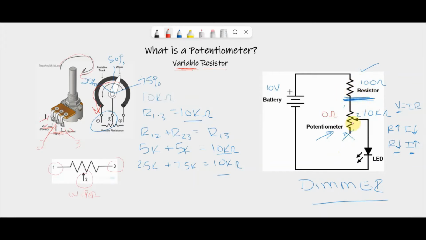If we don't have this resistor in here, and there's no resistance in the potentiometer, then we have no limiting resistance in our circuit at all, which means we could damage or burn out this LED. Instead, we put this 100 ohm in there just in case this goes down to 0. We still have protected our LED. Now, it may not protect it very long, it's only 100 ohm, but at least we have it there until we turn the knob back and get some resistance in our potentiometer.